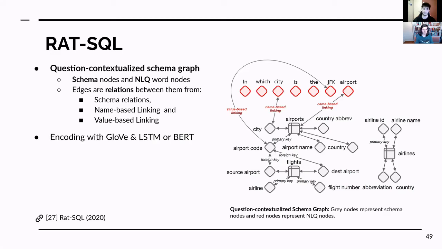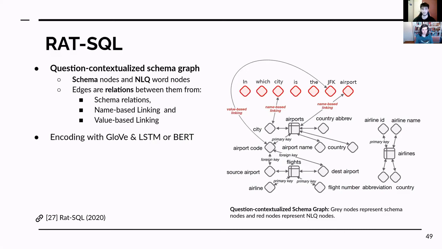And each of these nodes are connected based on the relations of the database schema. So for example, every column will be connected with the table it belongs in. And we would also have edges that represent schema relations such as primary and foreign keys.